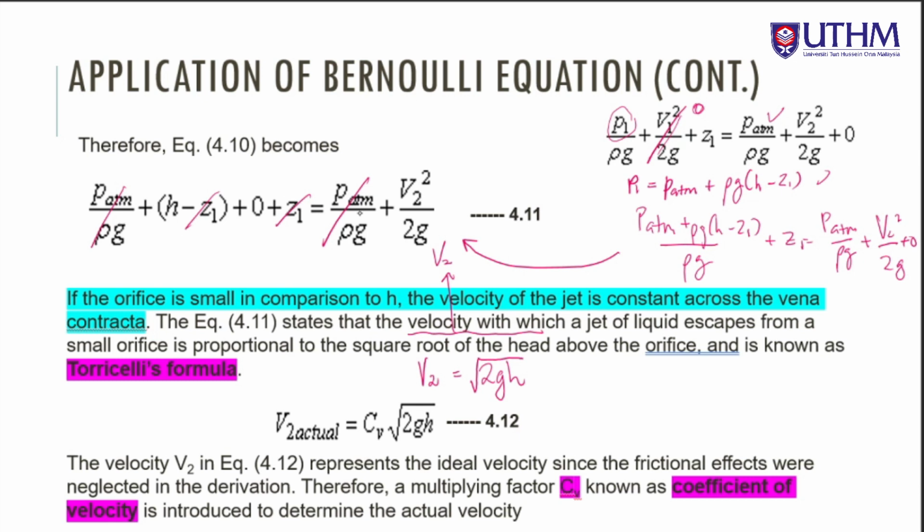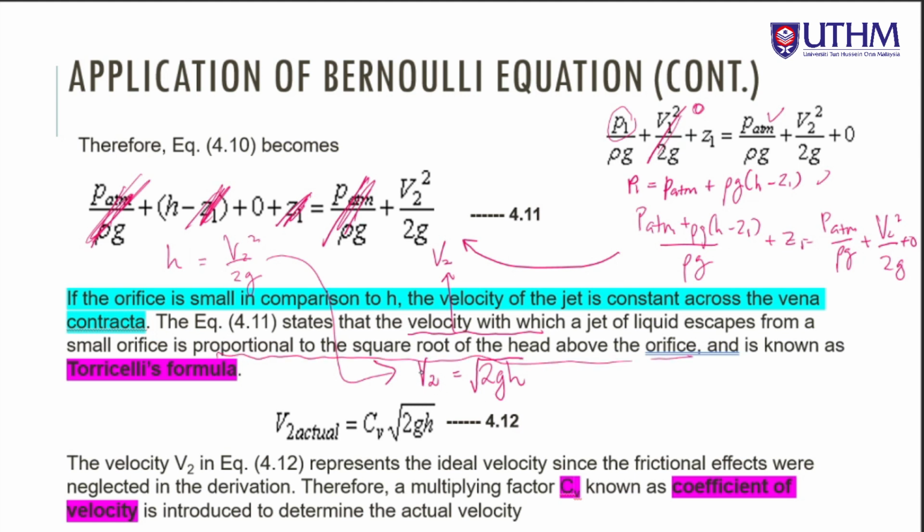Okay, so when we balance left and right, this item and this item cancel out, and then minus Z1 and Z1 cancel out. So what is left is H equals V2 squared over 2g, and then we rearrange, and we get V2 is actually the square root of 2gH. Right? So here it mentions that the velocity with which a jet of liquid escapes from a small orifice is proportional to the square root of the head above the orifice.